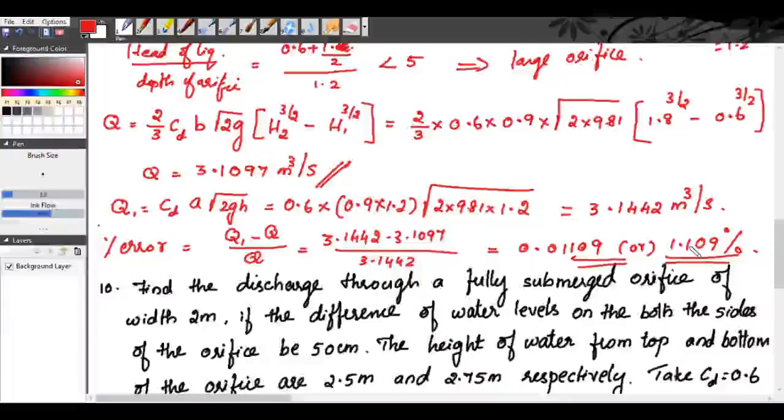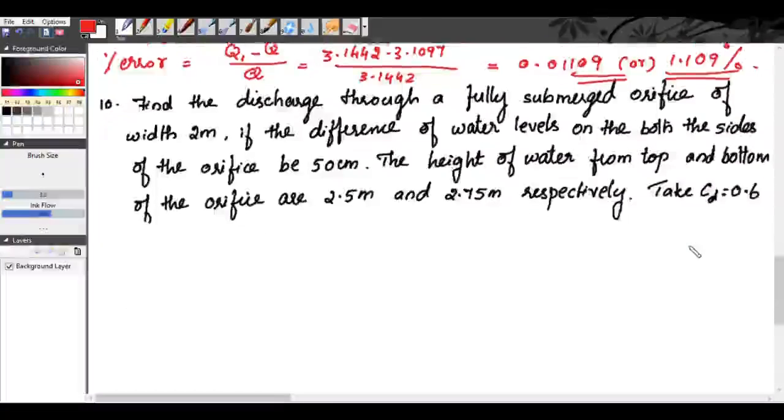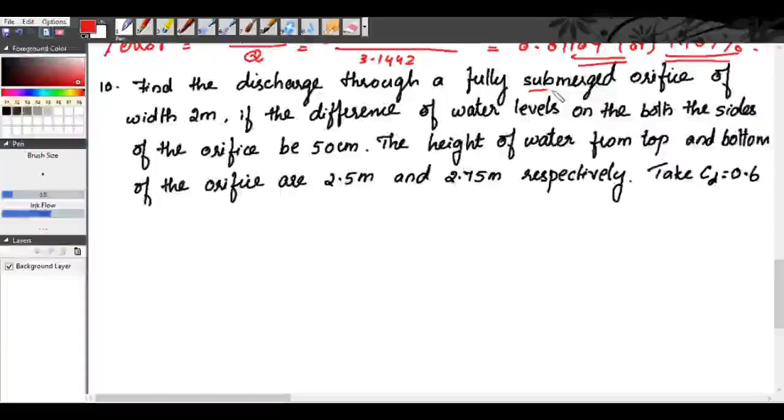So the next problem is to find the discharge through a fully submerged orifice. Next is the submerged orifice, fully submerged orifice. Find the discharge through a fully submerged orifice of width 2 meter.